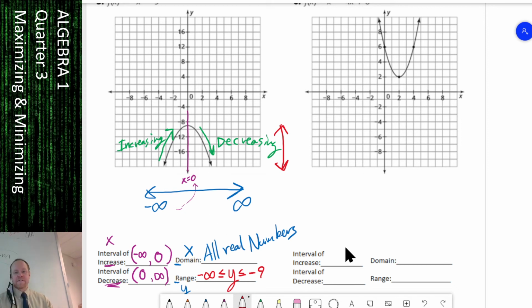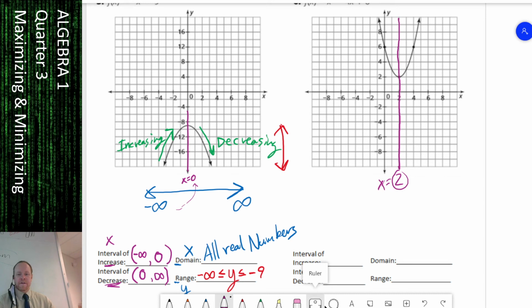If it has the downward one, your answers are going to be very similar, just with different numbers to this example. So again, we don't care what the equation is. We're just taking a look at things. Best first step is to identify this line. What do we call this line, the line that cuts it right in half? Yes, our axis of symmetry in this case is x equals 2.